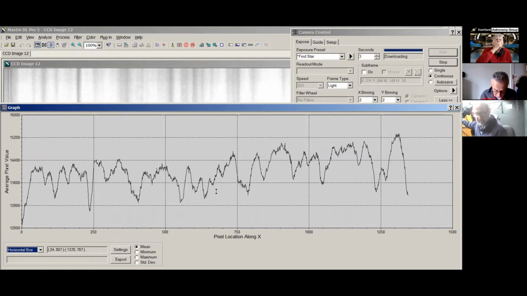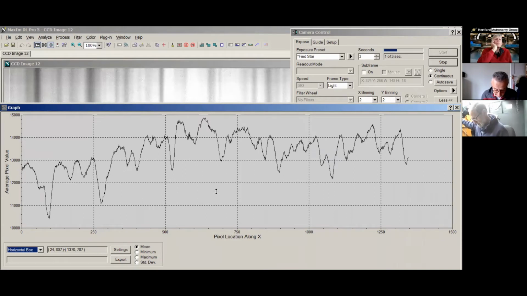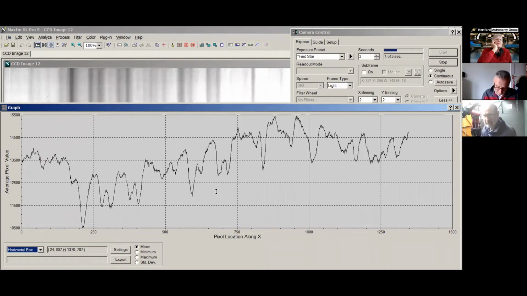Now, spotting the hydrogen beta line is not going to be very easy because it's weaker than the hydrogen alpha line, but I think we're there. But it's still very distinct.